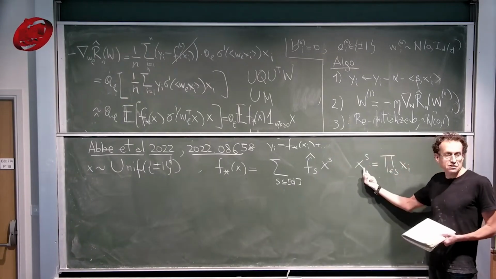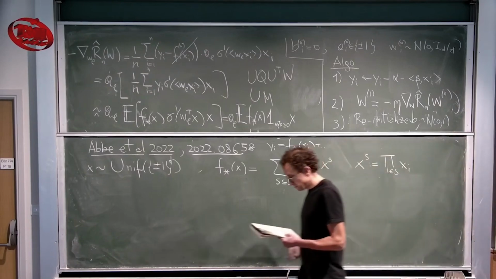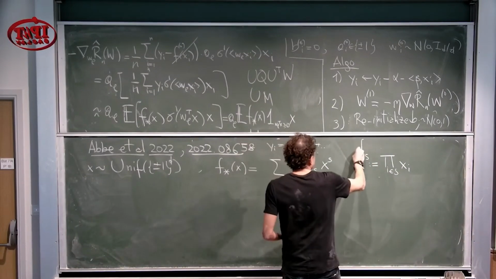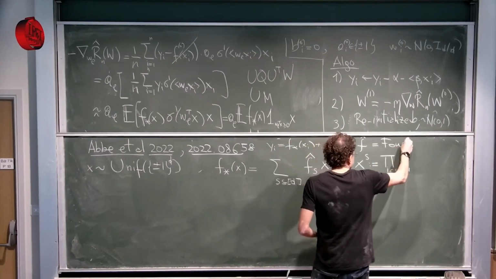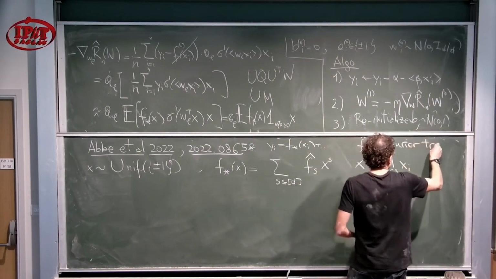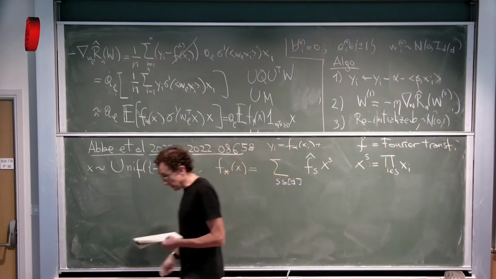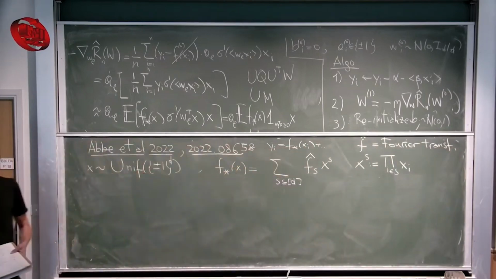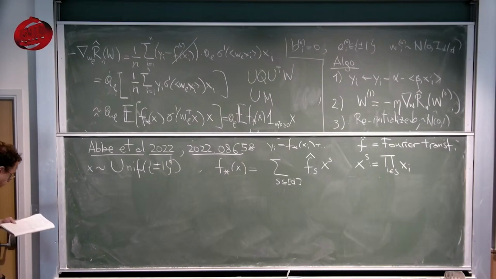The Fourier basis over the hypercube are just the monomials. And you should think of this as analogous to the decomposition that we did in spherical harmonics on the sphere.